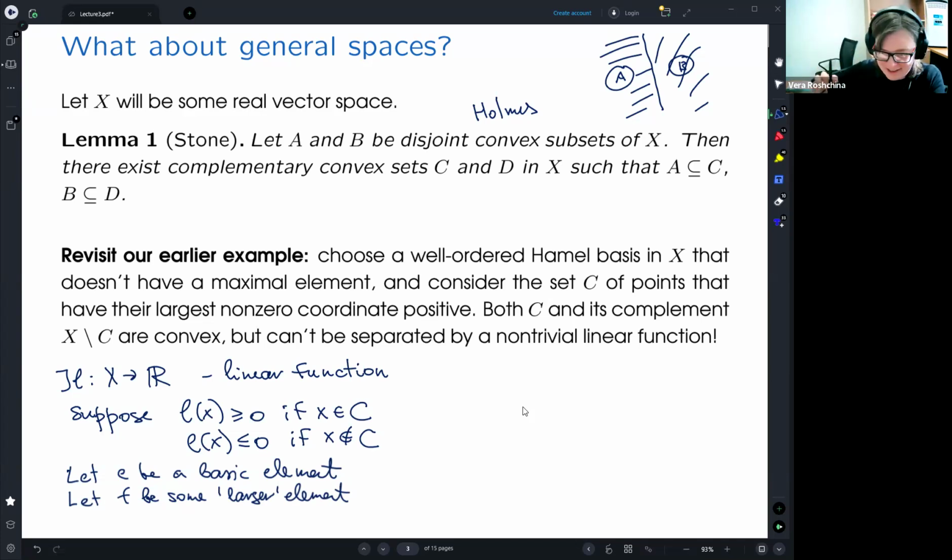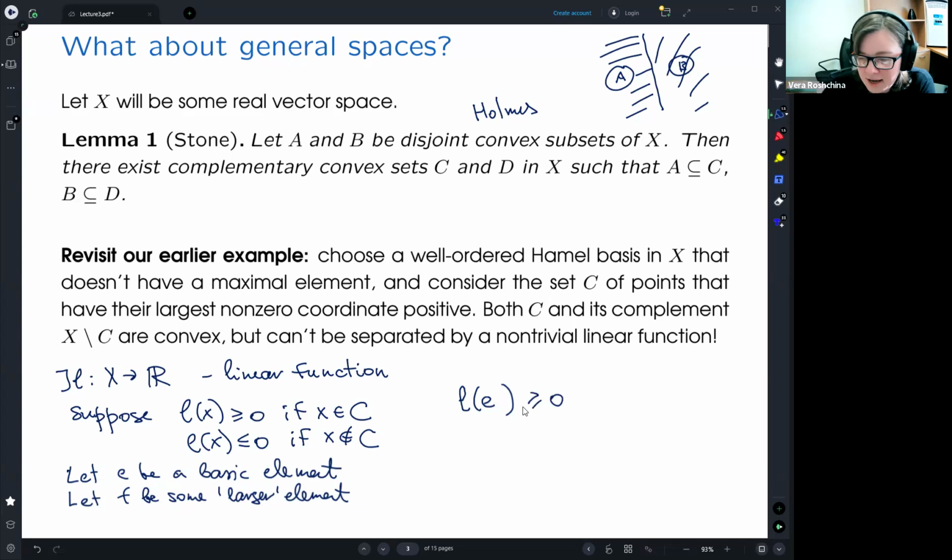So you can see, right, that in finite dimensions, we will run out of the larger elements, but in this case, we won't. So then if I look at L of E, because it's the E itself, it has the positive coordinate, right? It's 1 multiplied by E. So this should be greater or equal to 0.